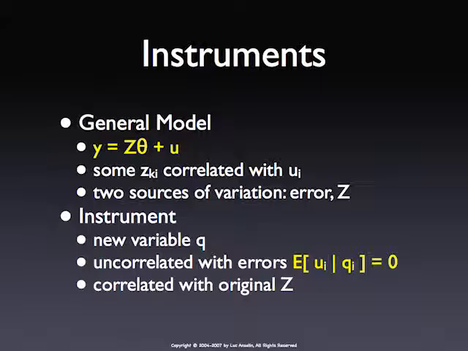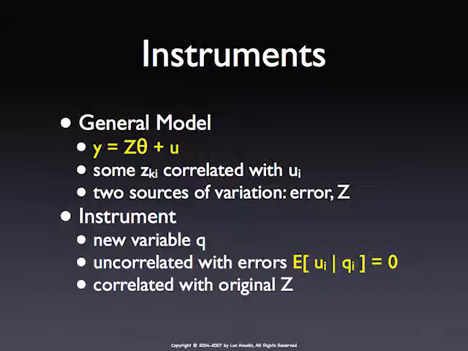So in principle, we are going to try to solve this problem of the inconsistency by bringing in a new set of variables, which we call instrumental variables, that satisfy the uncorrelatedness with the error term and are somehow correlated with the original variable. Now the tricky part in practice will be what these instrumental variables should be, and we'll talk about that some more later on.